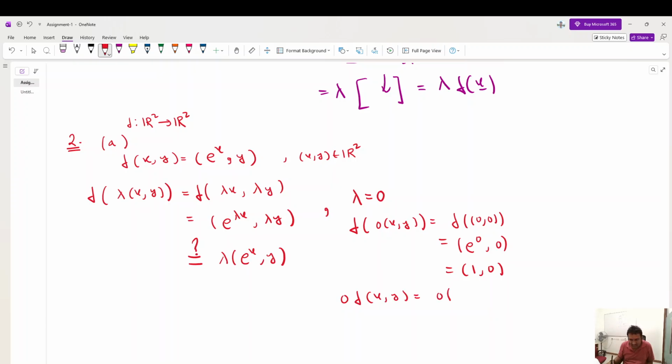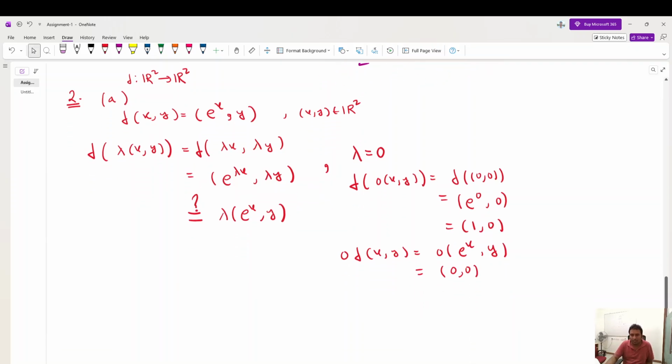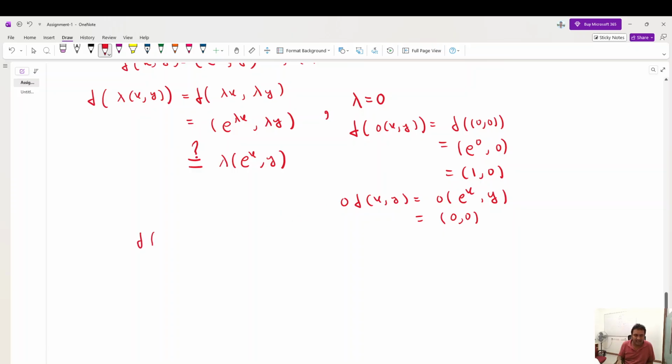It is 0 times (e^x, y), by definition. So this is 0, since everything multiplied by 0 gives 0. So f(0·(x, y)) is not equal to 0·f(x, y), so f is not linear.